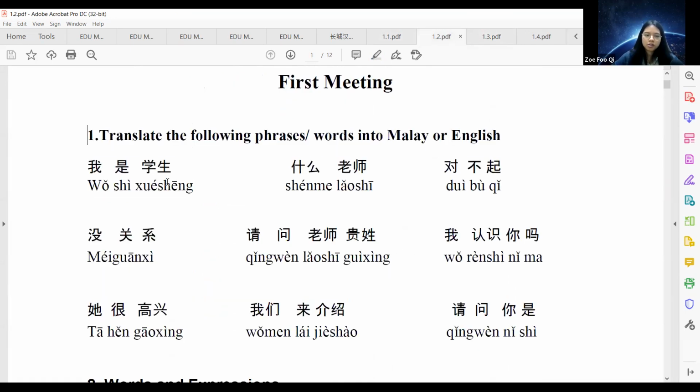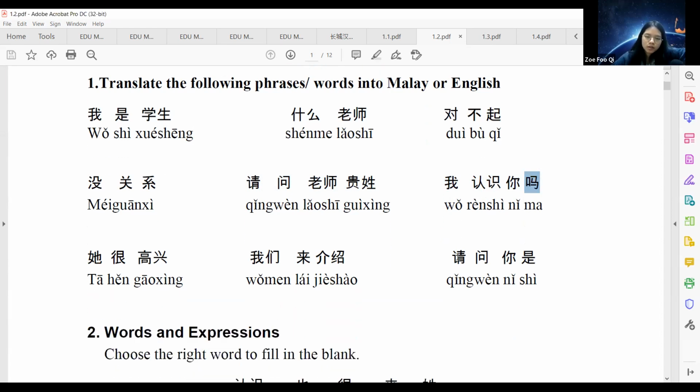So 我是学生 means I am a student. 什么老师 is what teacher or which teacher. 对不起 is I'm sorry. 没关系。Okay. 请问老师贵姓 So may I know the teacher's surname? Okay. 我认识你吗 So what is the meaning for this one? 我认识你 is a statement. Yes, very good. Then we use 吗 to ask a question.